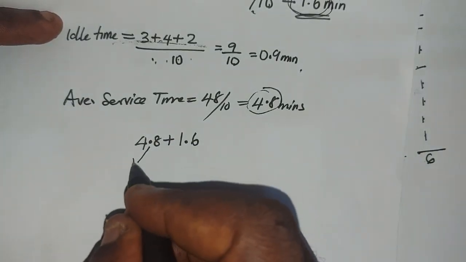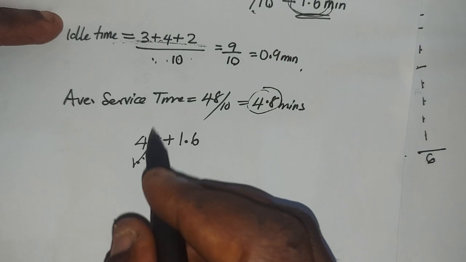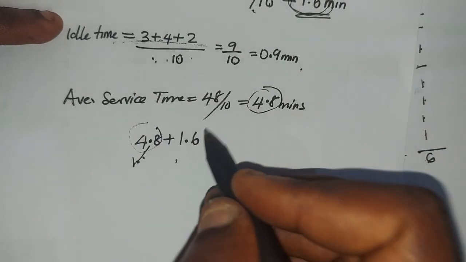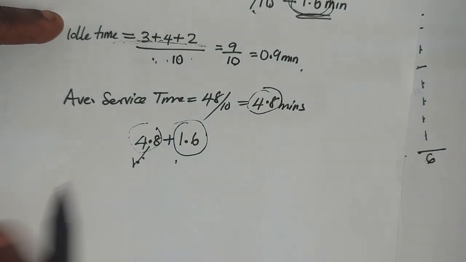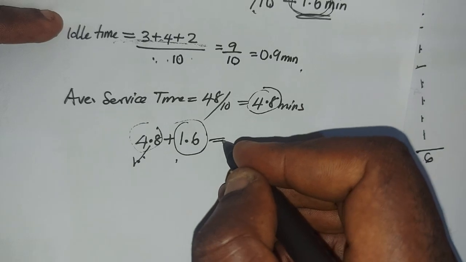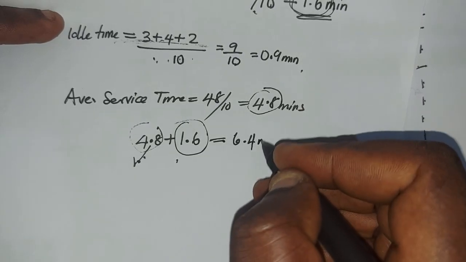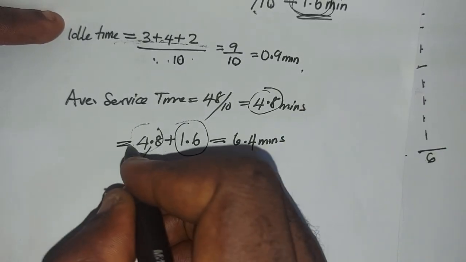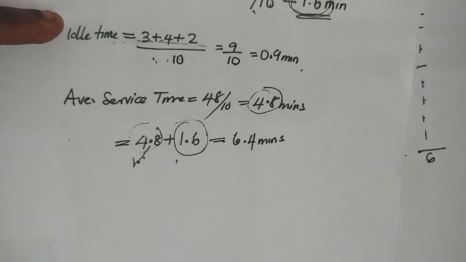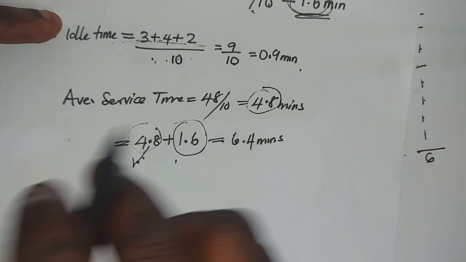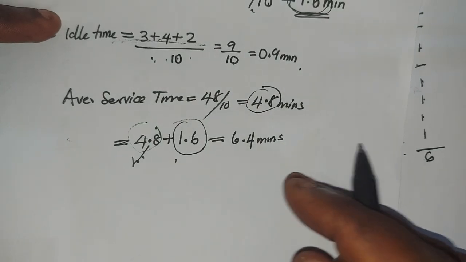So this is the average service time plus the waiting time. When you add these two together, it's going to give you 6.4 minutes. So this is the average time spent in the system.